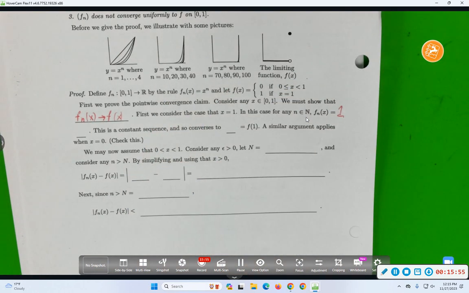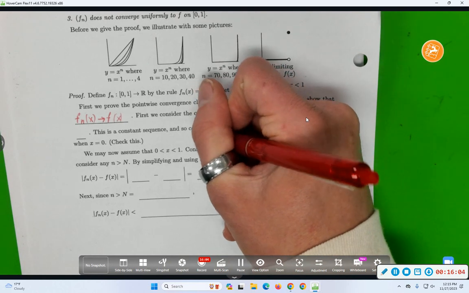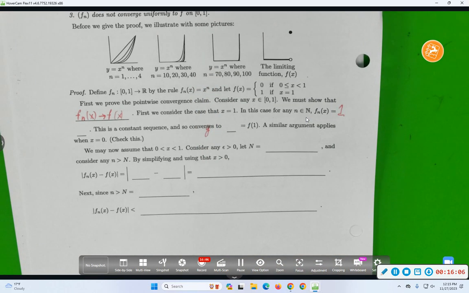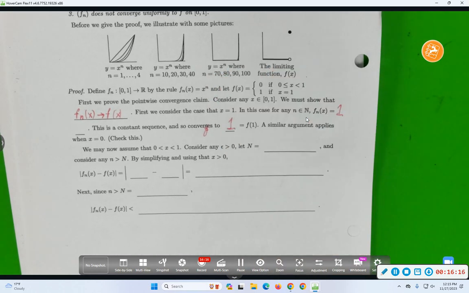Just 1. 1 to the n is 1. That's a constant sequence. Where does that constant sequence converge? Is that exactly where I needed it to converge? All right. Nice.